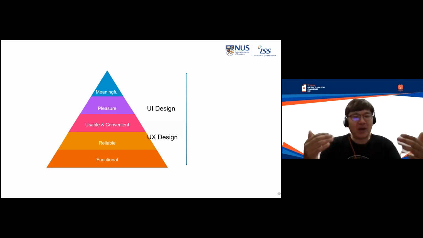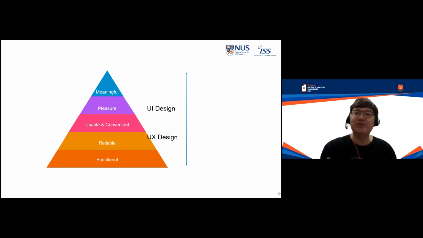And above that, UI comes in to make it better. But I wouldn't say UI is definitely on top. UI somehow overlaps the bottom as well. When UI designers understand UX, they already implement some UI elements into the functional and reliable layers. They use the UI elements to help make these parts better. For example, when we design a text field, how do we represent the text field on a small screen?